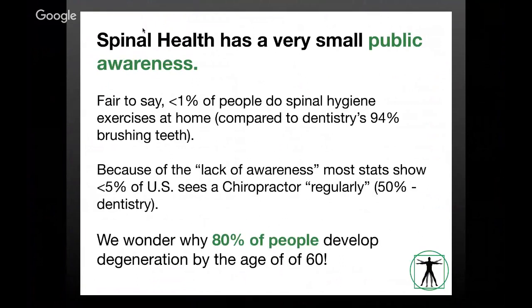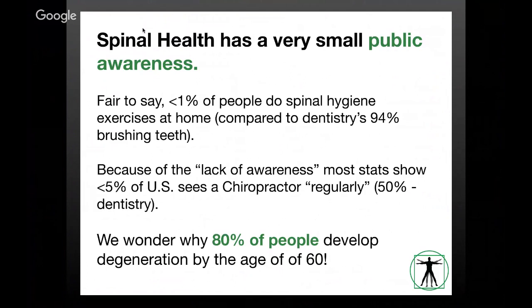small public awareness. And I think it's fair to say that less than 1% of people actually do anything for their spine at home. Compare that to dentistry. Over 90% of people brush their teeth, right? And because of this lack of awareness about taking care of your spine, most of the statistics out there show that less than 5% of people actually have a chiropractor.